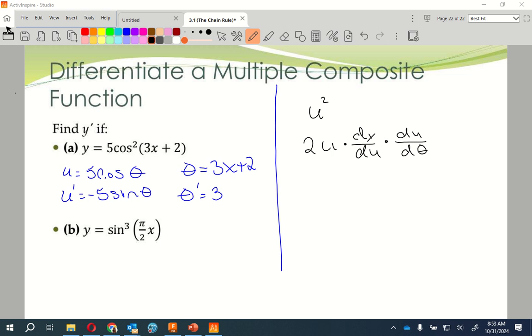So now let's put those together. So that's going to give me, my u is all of this. So that's going to give me 10 cosine of, right here, the inside portion is still my 3x plus 2, times my du, which is going to be -5.